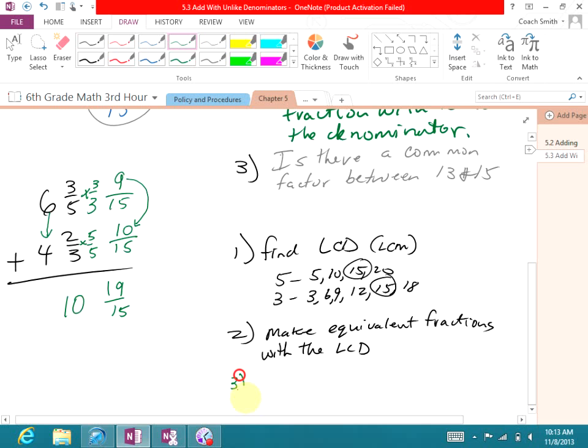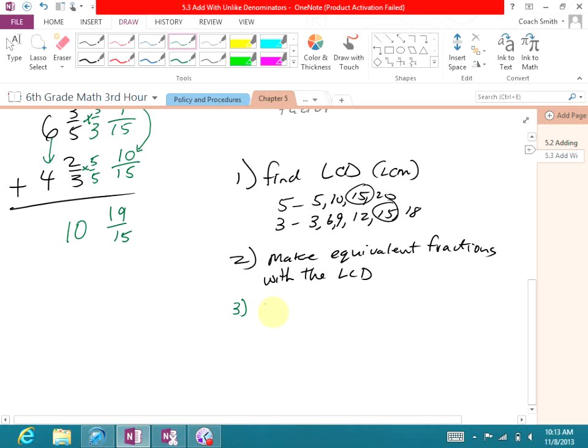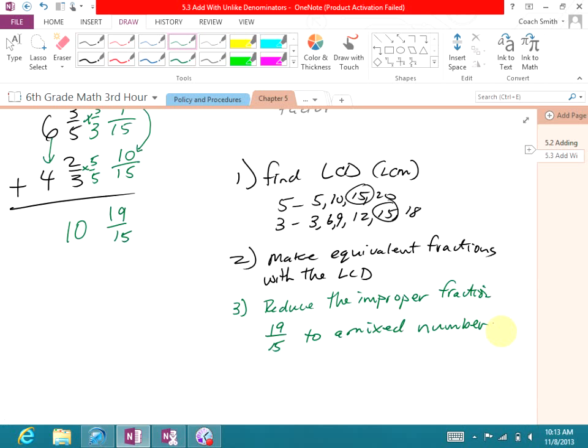All right, step 3, reduce the improper fraction 19 over 15 to a mixed number. Okay? Now let's remind ourselves, it means I'm going to take 15 into 19.